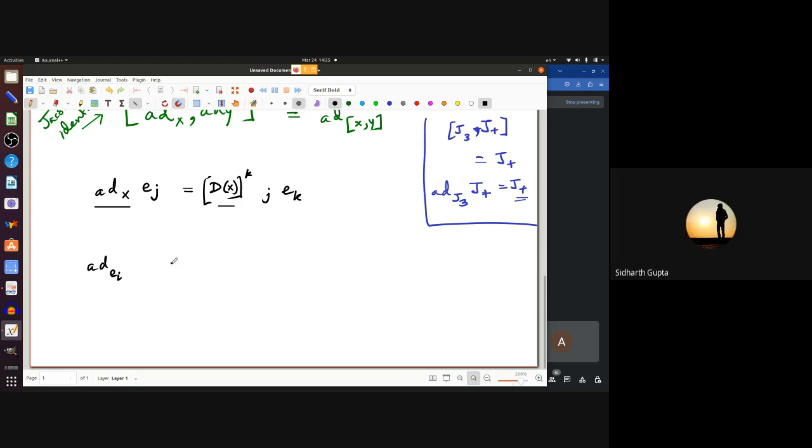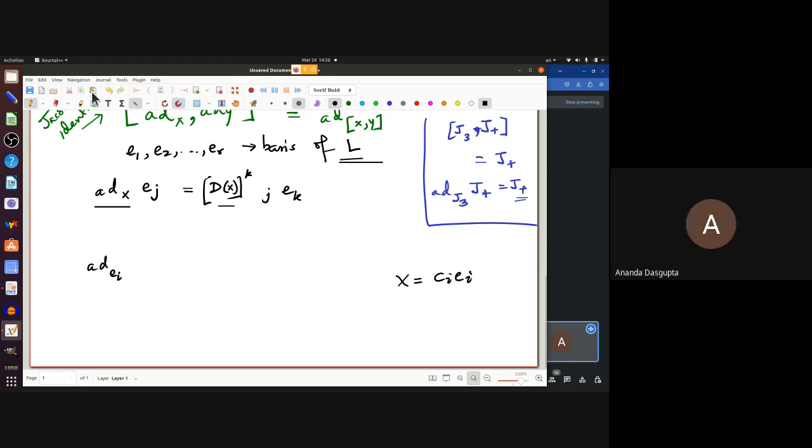Sir, sorry, can you repeat, how is this the basis for that thing? First of all, E1, E2 up to ER is a basis of the Lie algebra. But if we know ad Ei, when you say we know all the values, X in terms of Ei will be ci Ei, right?